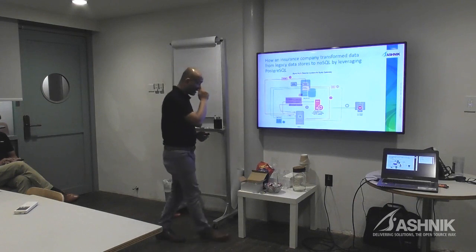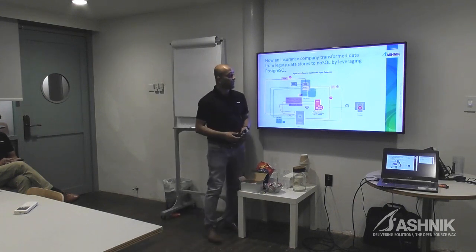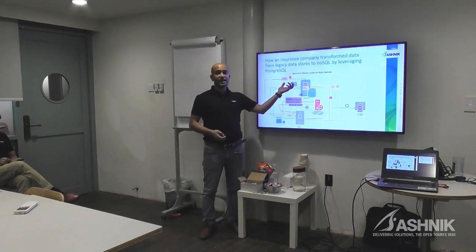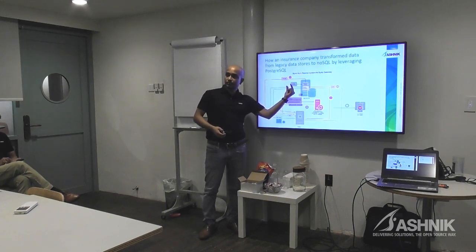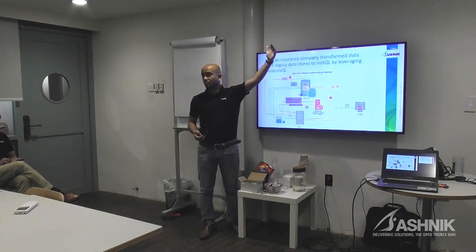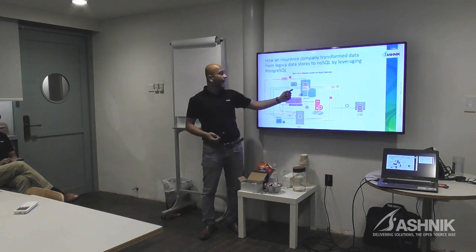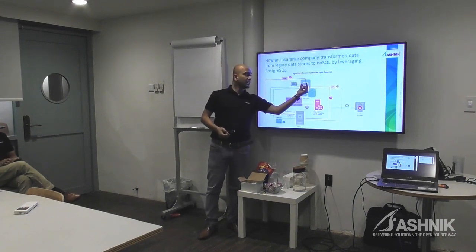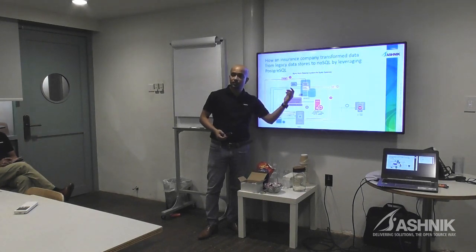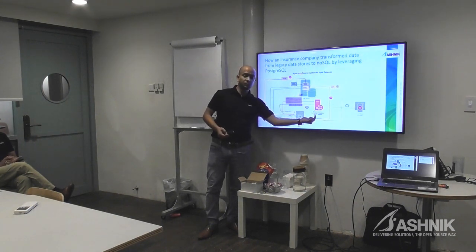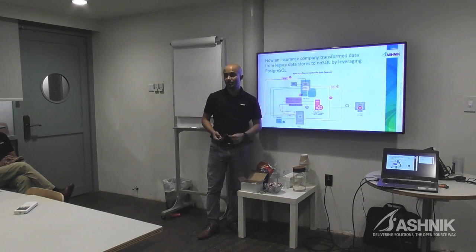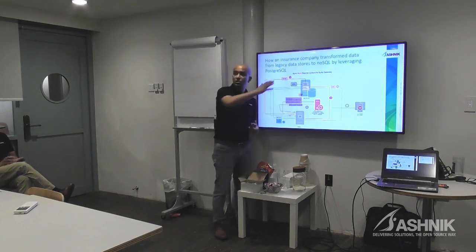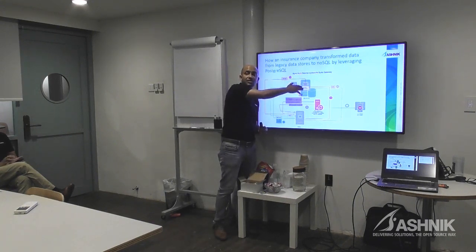A use case of this which I and one of my colleagues implemented. We took data from a source system, which is an AS400 mainframe system, and we put it in staging in Postgres, in EDB Postgres, transformed that, and then we pushed that data into Couchbase, which is a NoSQL database. We used Postgres to convert that data from relational to JSON.